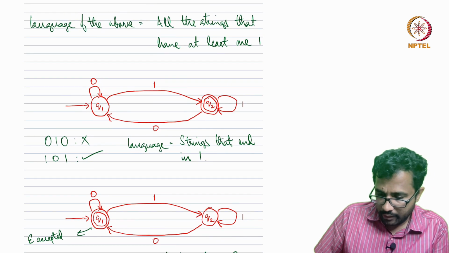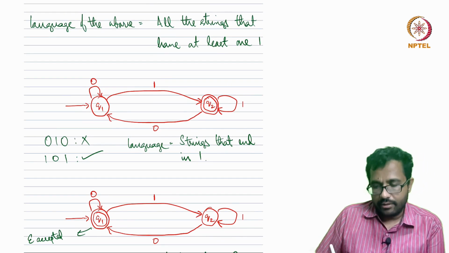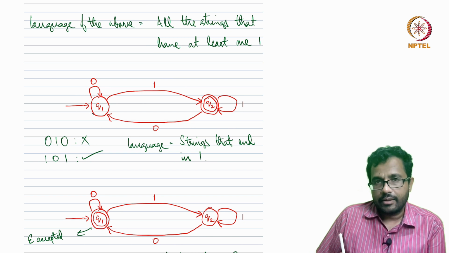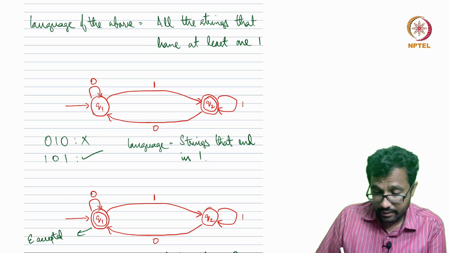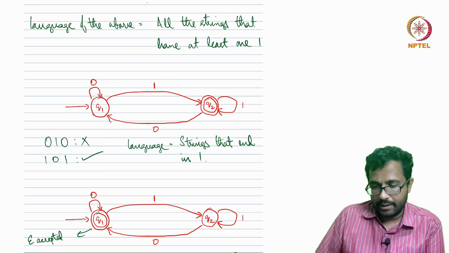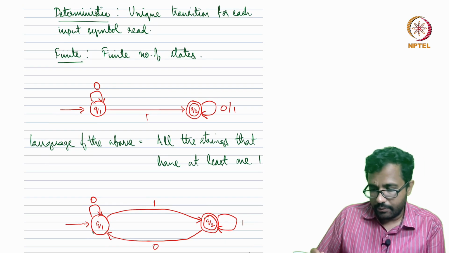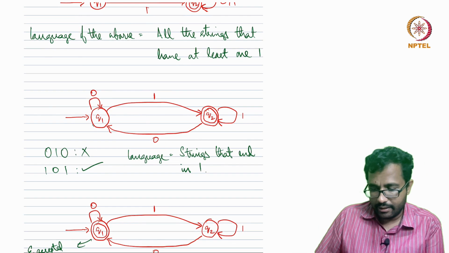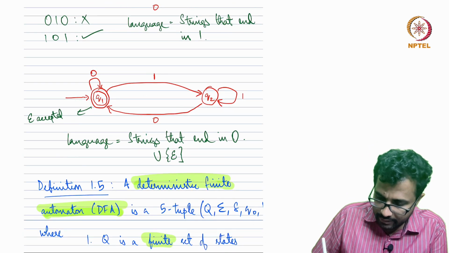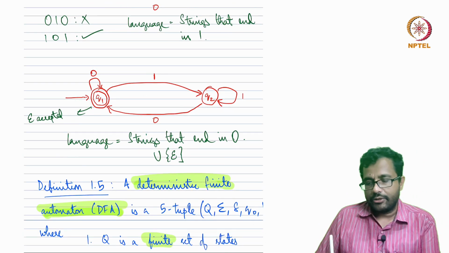Over here the empty string is not accepted because the starting state is not an accepting state. Same here also. So these two languages remain the same, whereas here the strings that end in 0 plus the empty string should be the language.